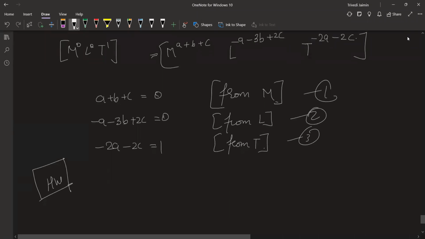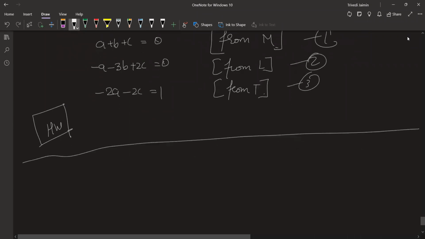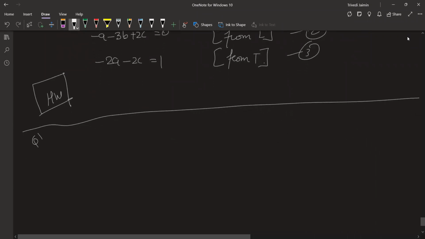Do this solution at your home. And one more question I'm giving you. So I'm getting B equals 0. It won't be 0. No, it can be 0, but I don't think it's 0 here. Okay, write down this question.